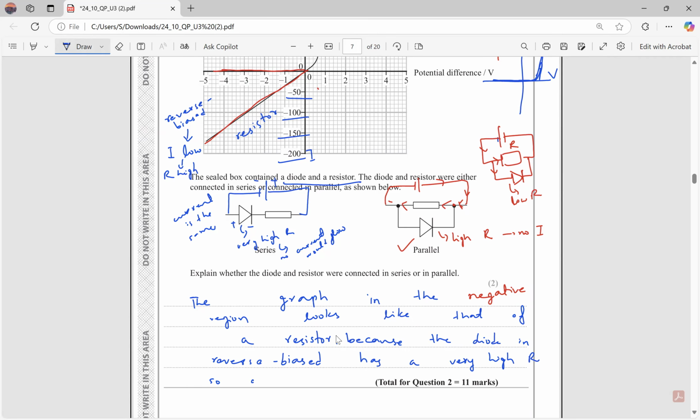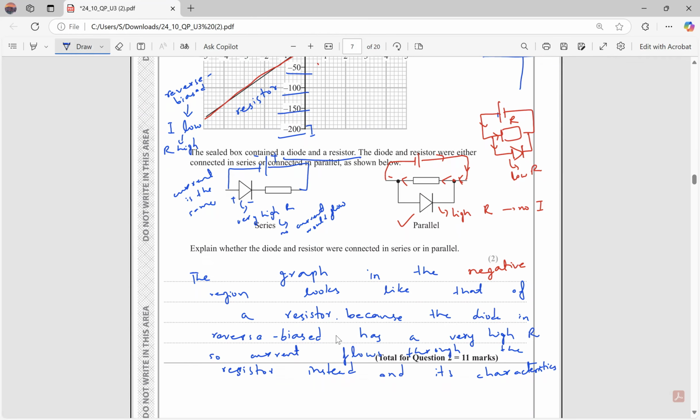So current flows through the resistor instead, and its characteristics become dominant. The word characteristics here means graph.